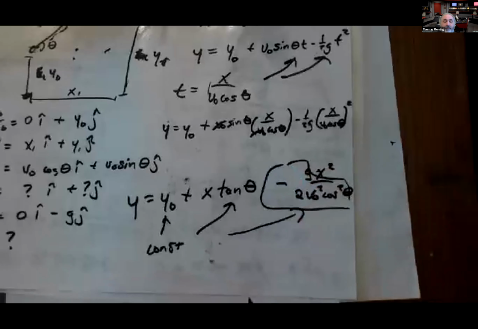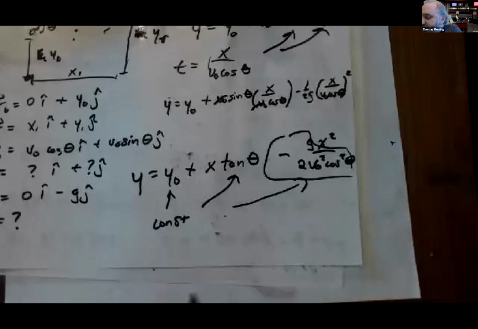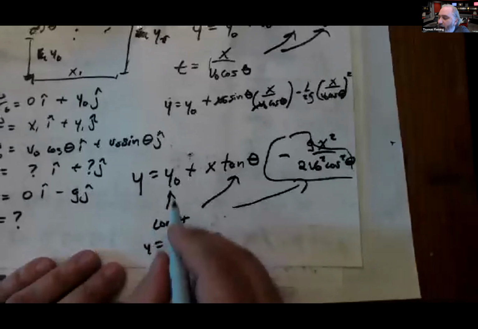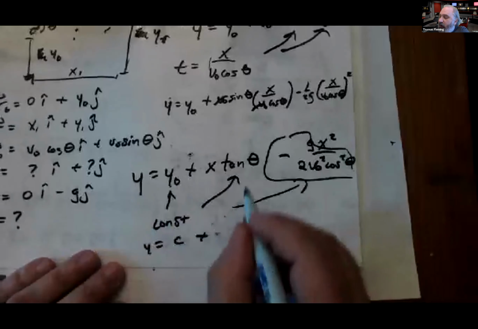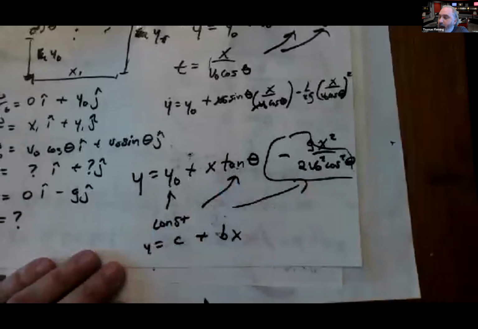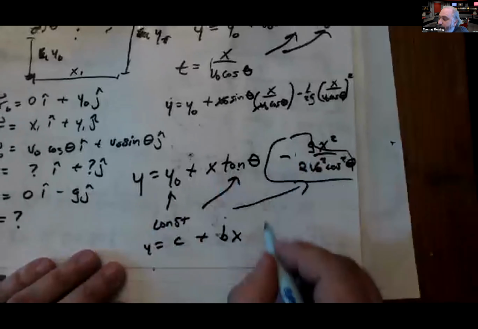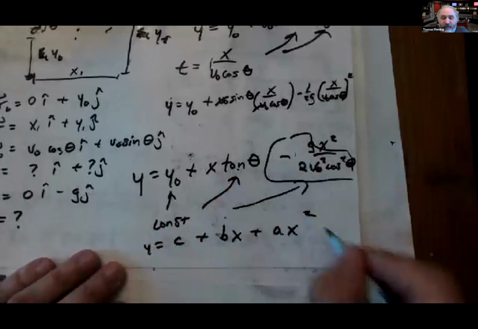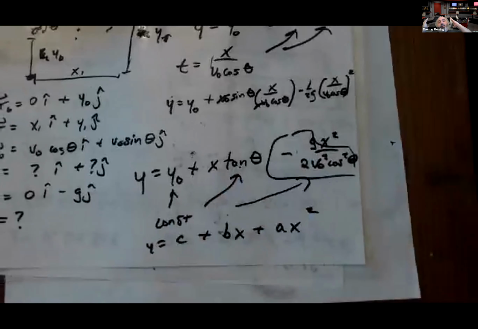So all of this is another constant. What I've got is an equation of the form y equals a constant, let's just call it c, plus a constant times x, so bx, plus a constant, let's call it a, times x squared. Oh my God, what is this? This is the generic form for a parabola.